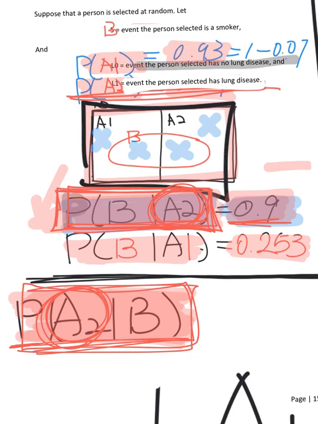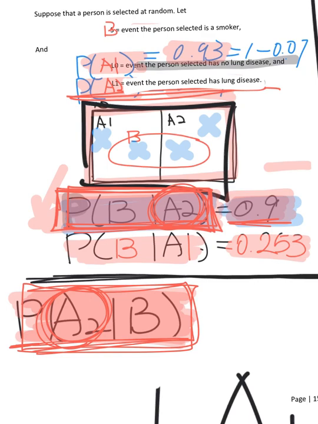So when you visit the casino, because we need the smokers for the second probability, A2 given B, among the smokers. When you visit the casino, when you visit the bar, they are crazy, they lose money and are drunk. What do I need? I need the probability that they have lung disease.